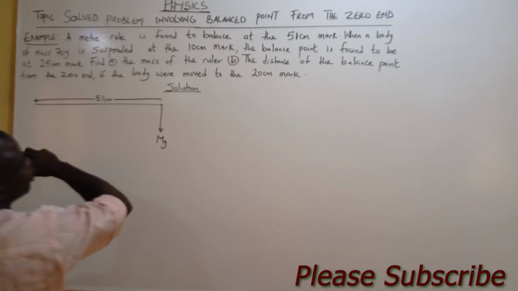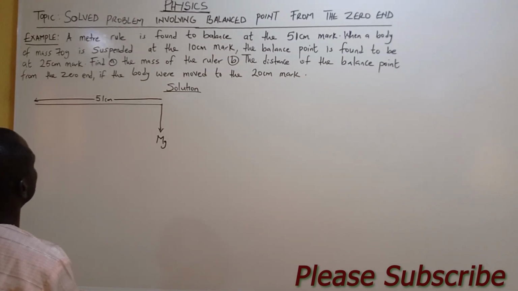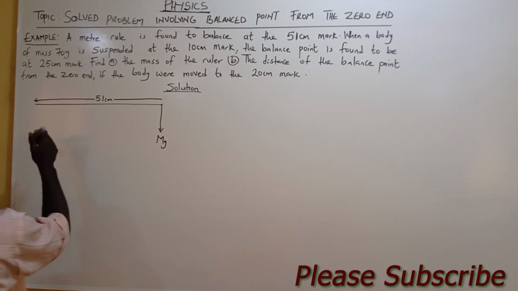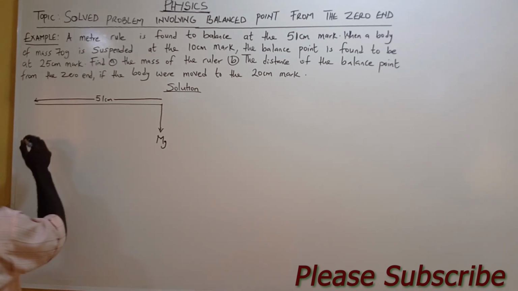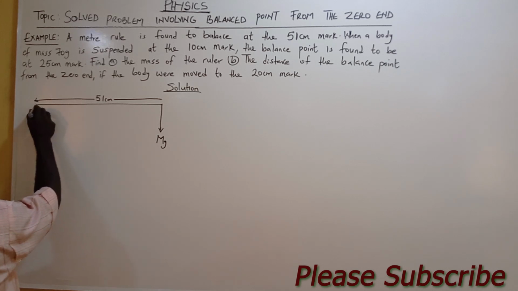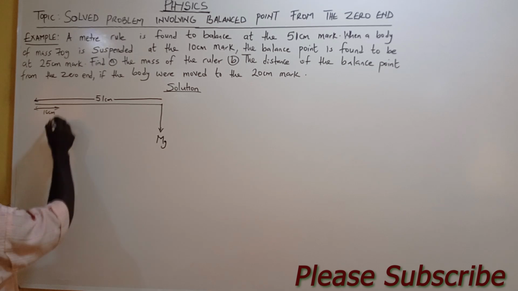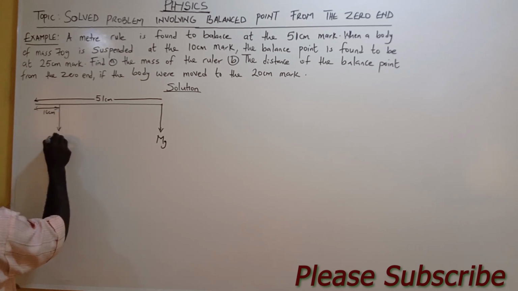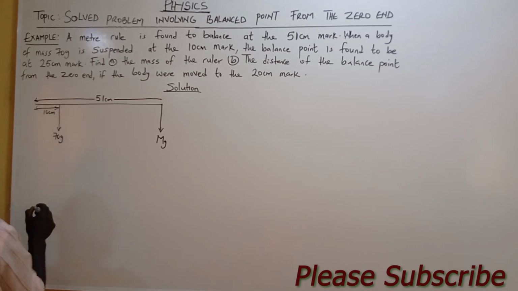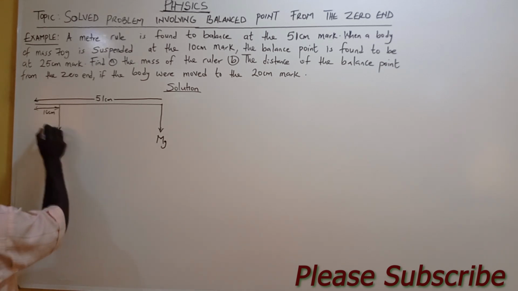When a body of mass 70 gram is suspended at the 10 centimeter mark, the balance point is found to be at 25 centimeter mark. That means that at the 10 centimeter mark, when you suspend the mass 70 gram, the balance point is found.